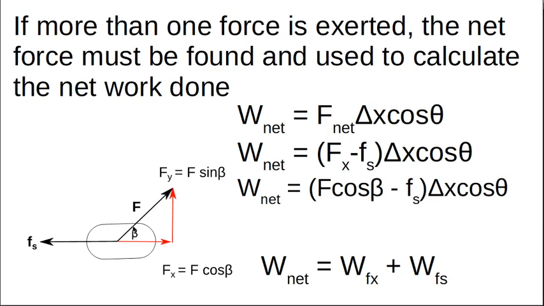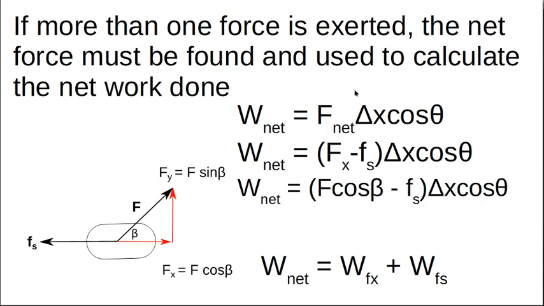So this force F, its x component, this little red thing here, is positive. And then this Fs, static friction, is negative. And then you can multiply it by the displacement, however far this object moves to the right. And then this cos theta is going to become 1 again because we've considered the motion here.